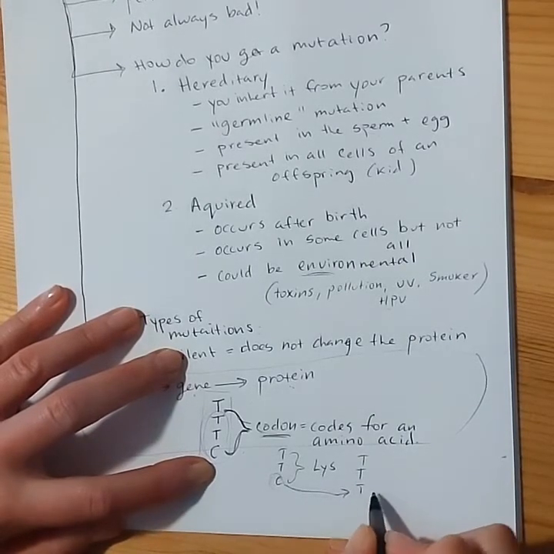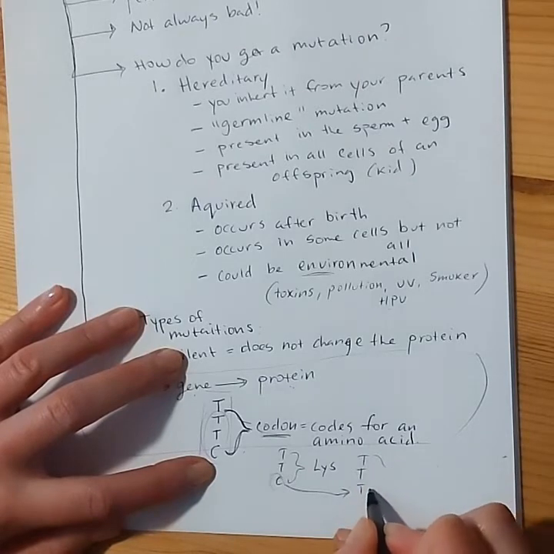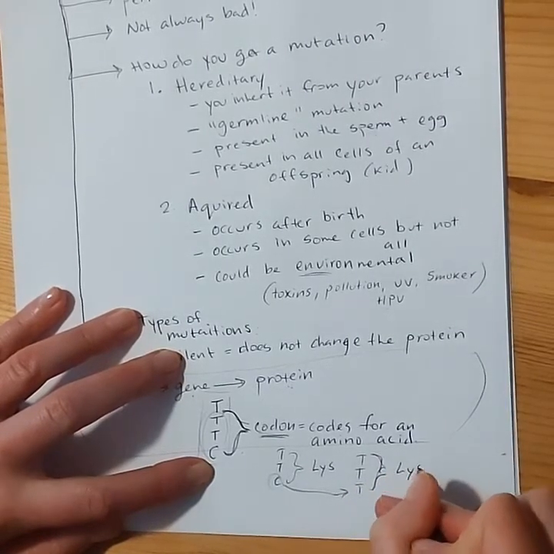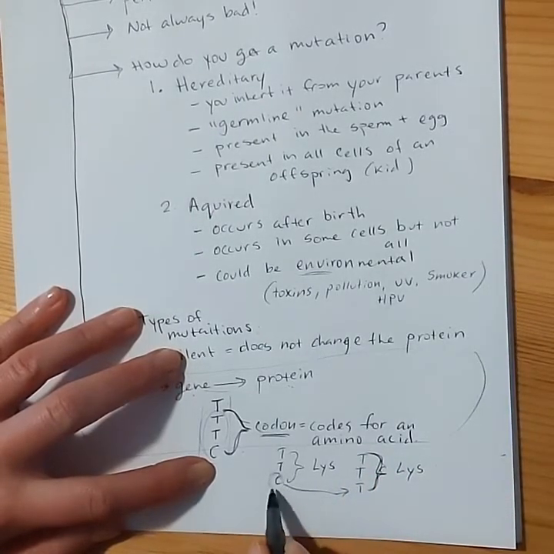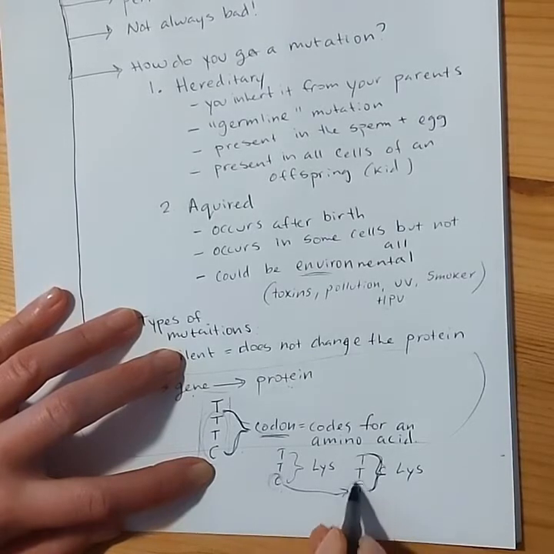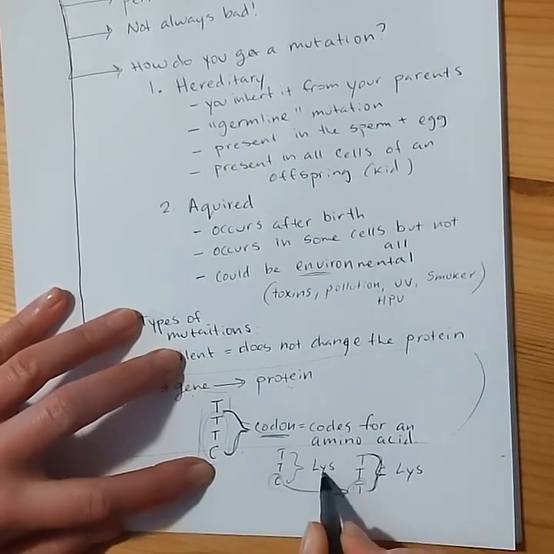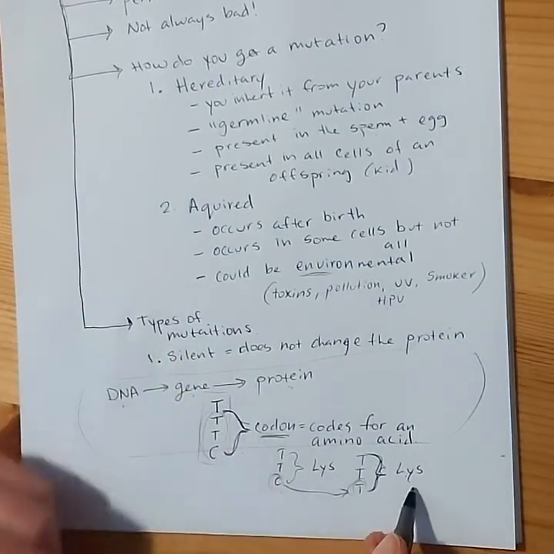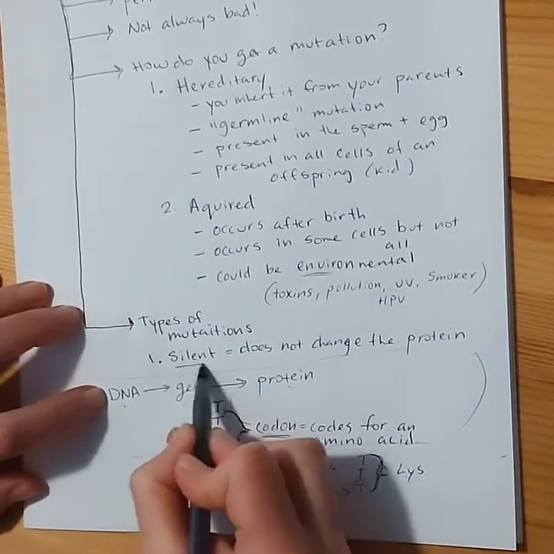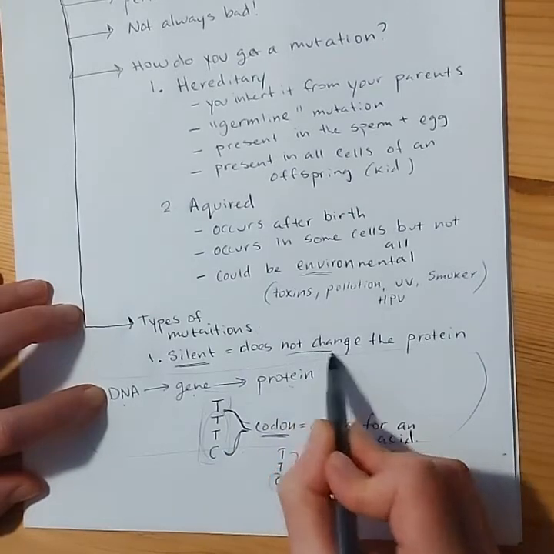I've changed the DNA. It turns out that TTT also codes for lysine. So I have totally mutated the DNA. This C is no longer there. It's now a thymine, but I haven't changed the amino acid, and that means that I won't change the overall protein. So this mutation is silent. It did not change the protein.